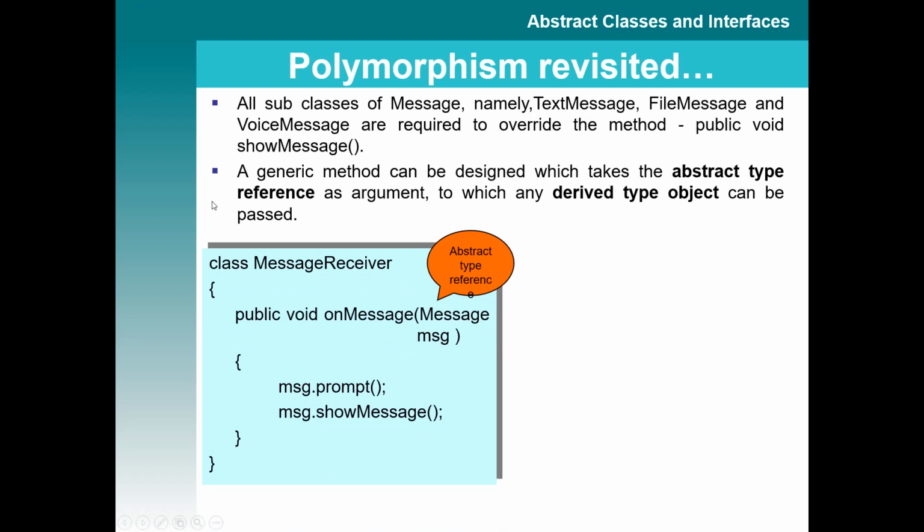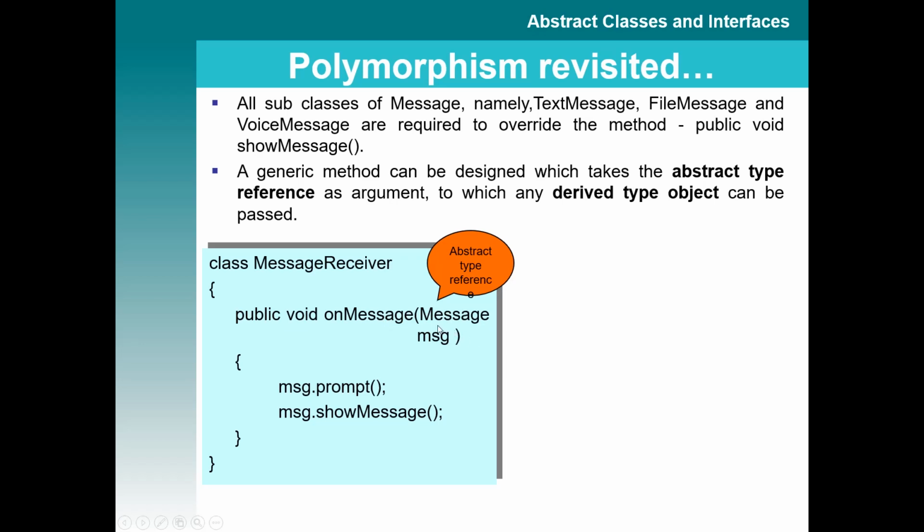The beauty of abstract methods and abstract classes is that even though you cannot create an object out of an abstract class, you can always create a reference of it. For example, notice here we have created a class called message receiver, and this message receiver class has an onMessage method. Let's say this onMessage method gets called every time there is an incoming message.